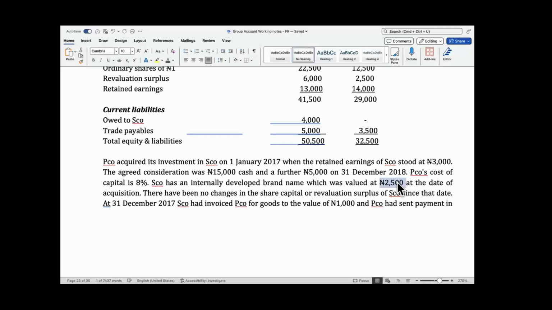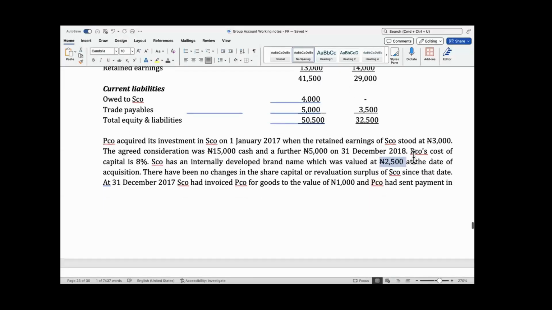I'm recognizing this surplus at the date of acquisition, so it's part of what the parent is acquiring, obviously. So it's part of what you're going to cancel out on consolidation. Okay.